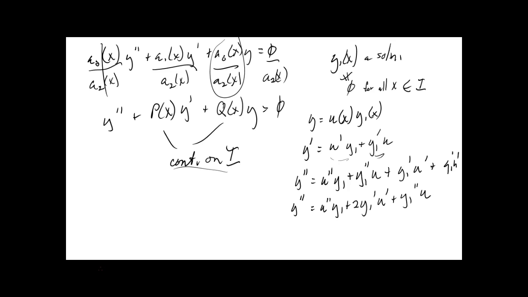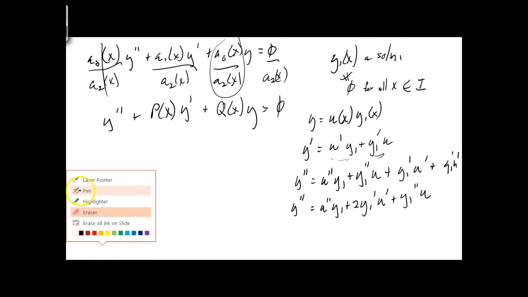Now, if we start combining these things together with what we've got there, this y double prime here will now be, now I'm going to erase this continuous part because we're given that. We'll probably need it later, but I don't have room for it now. So get out of there. Okay.